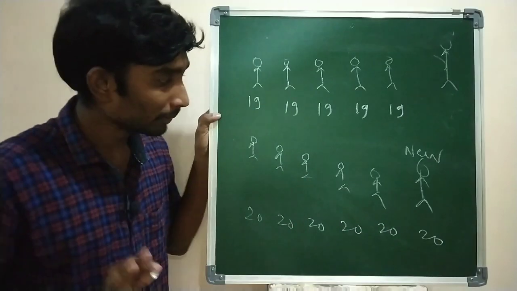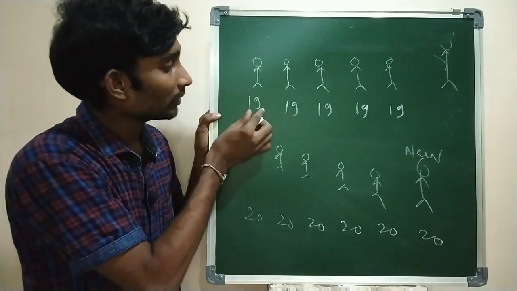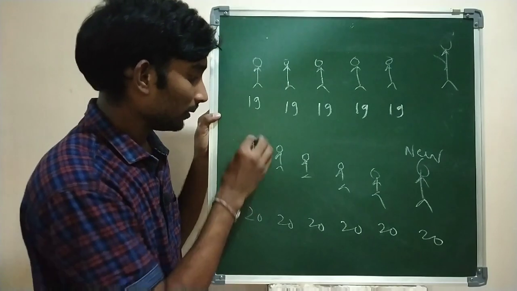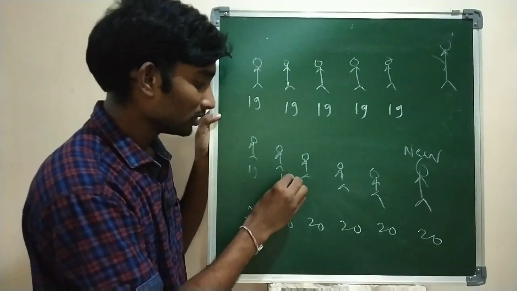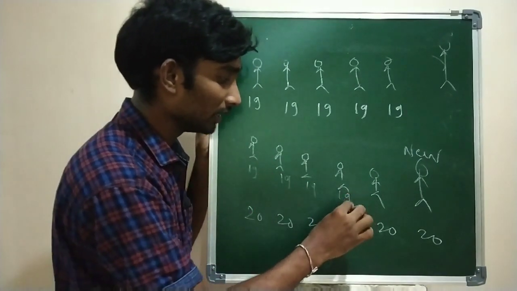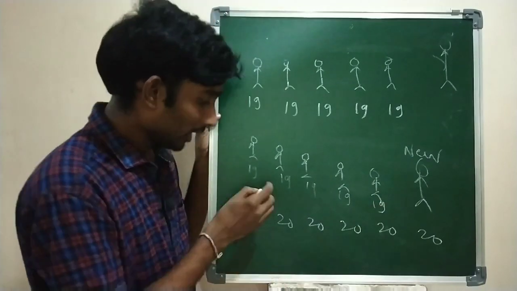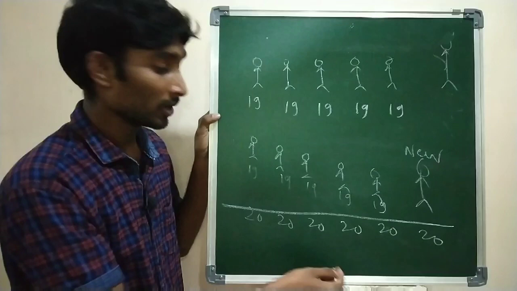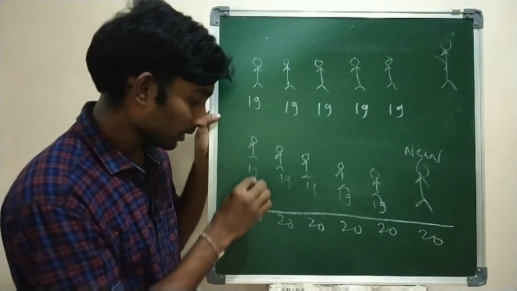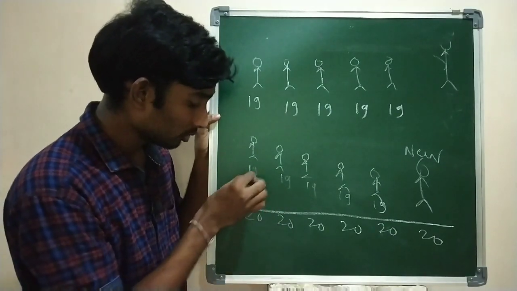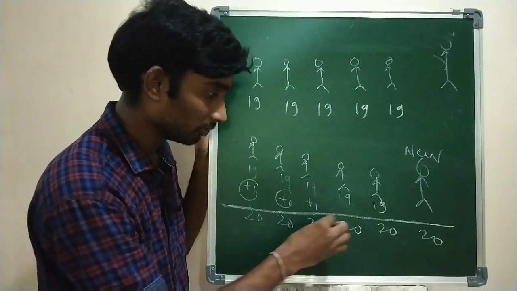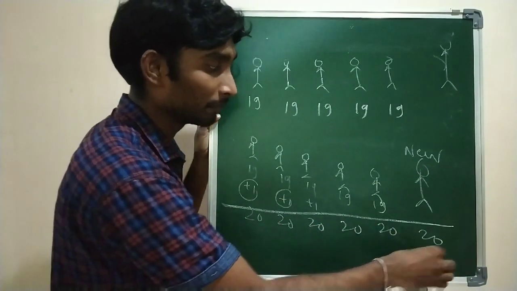Fine. But now we assume that the age of each boy is 19. So this is 19, this is 19, this is 19, this is 19, this is 19. Then how does it become 20 when we equally distribute among all 6 boys? If we add 1 to this 19, it will become 20. Plus 1, it will become 20, similarly 20, 20.